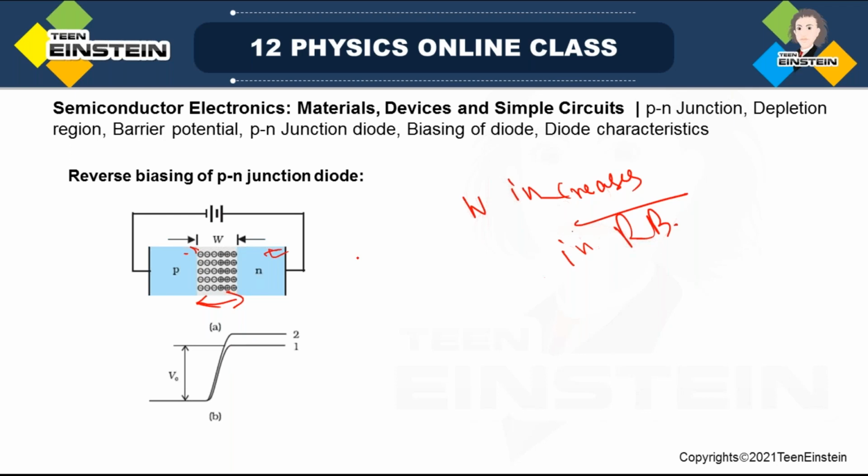As the barrier thickness increases, the barrier potential also increases, and that's how it will oppose the motion of the majority charge carriers from each side. That's why this potential is called the barrier potential, because it will restrict the spontaneous motion of the electrons and holes.